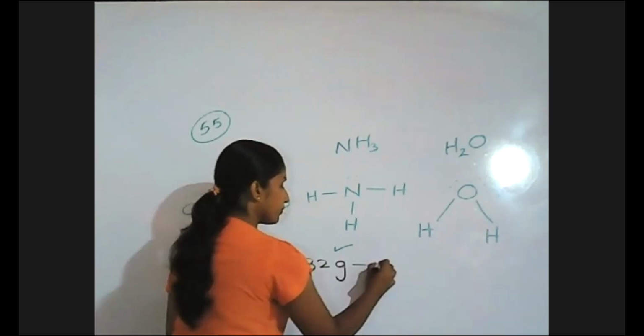Glucose, C6H12O6, right? The relative molecular mass, or the molar mass, is 180 grams per mole.